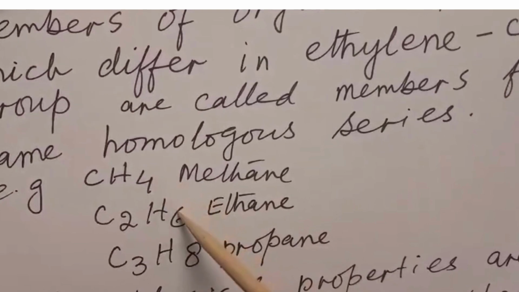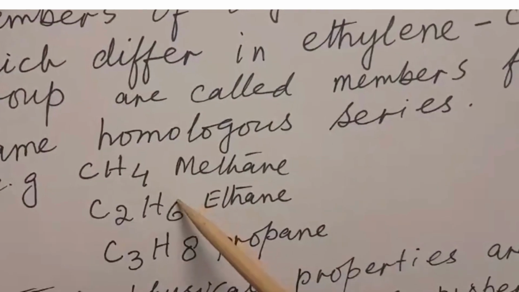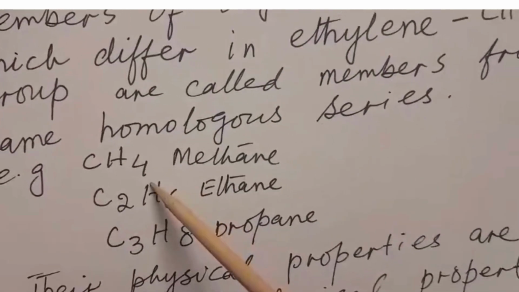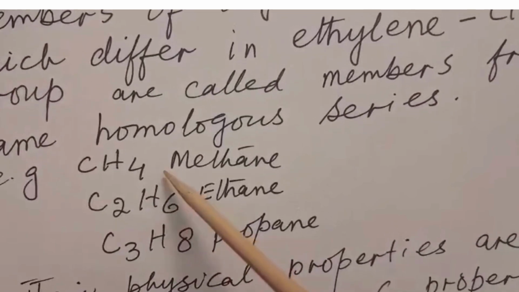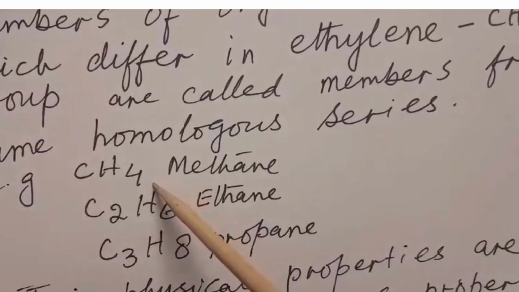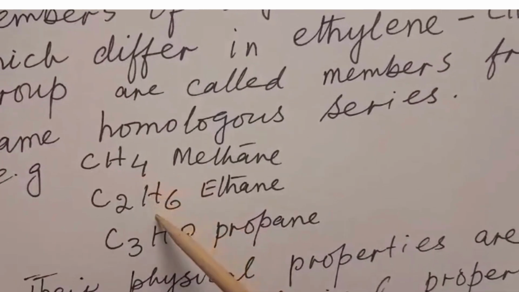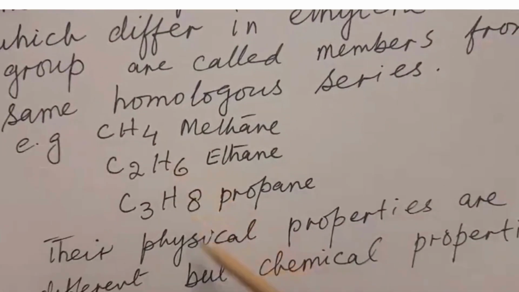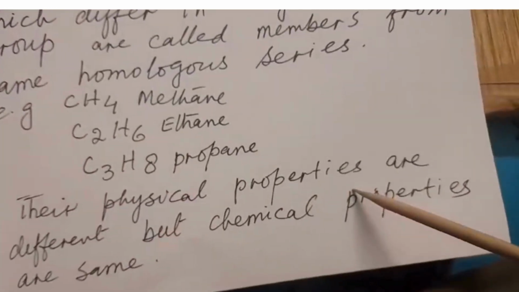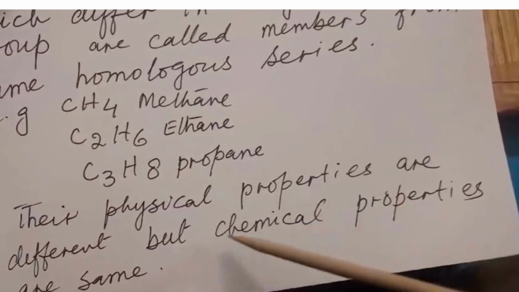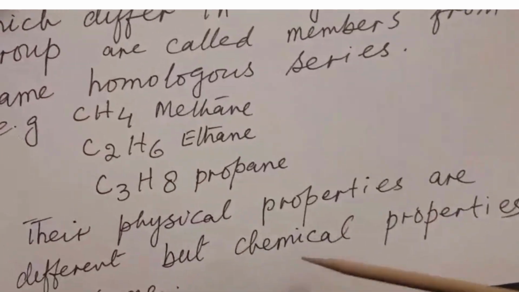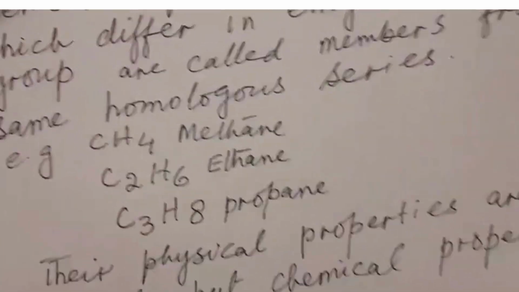All these members of the homologous series of alkane differ by the CH2 group. There is a difference of CH2. Their physical properties are different, but chemical properties are same.